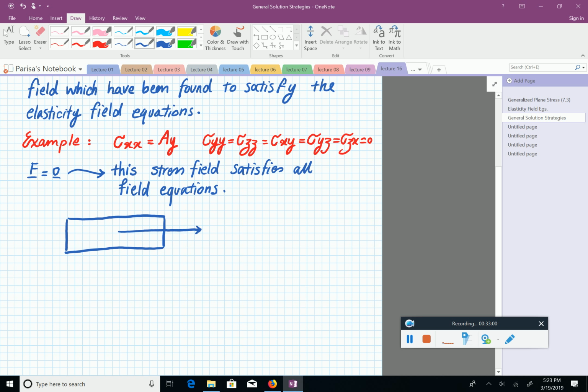So everything is 0: sigma yy, sigma zz, sigma xy, sigma zx. What does it mean for the top and bottom surface of this domain? Traction free.